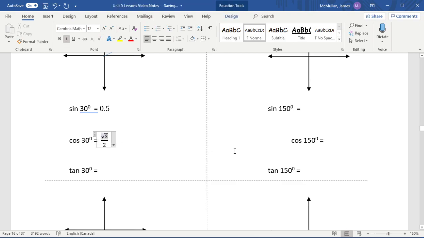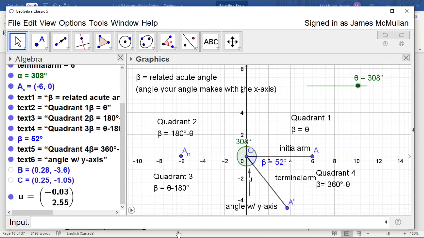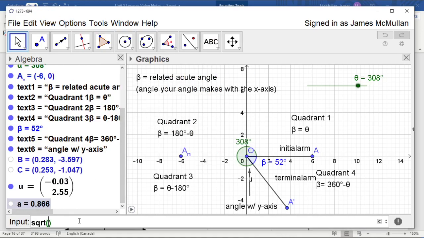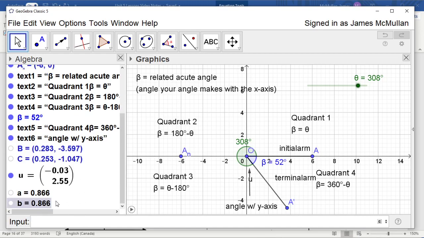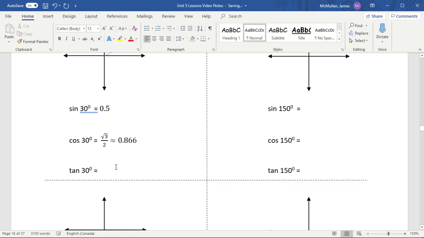You might not recognize this on your calculator, but if you type cos 30 into your calculator, you're going to get 0.866. Let's round it to 3 decimals. Where does it get that from? Square root 3 divided by 2 is 0.866. So we know the exact value, but for the purposes of today, let's also write down the approximate value so we can easily recognize it from the calculator.